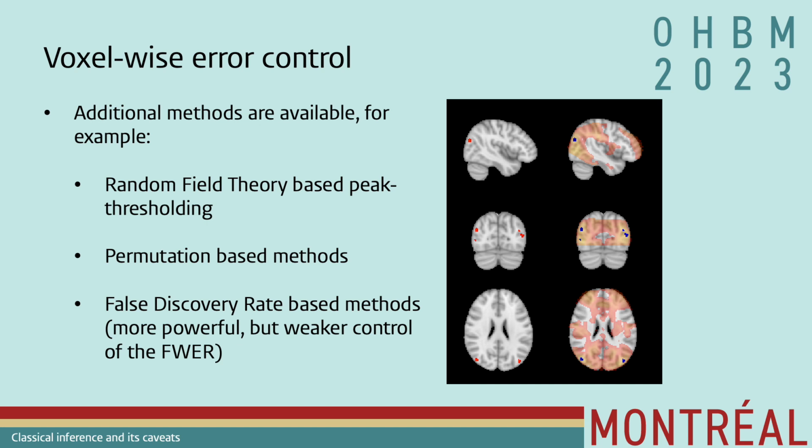But for example, you can use random field theory based peak thresholding, which is slightly more powerful than Bonferroni in certain cases. Or you could use permutation-based methods, which resample the data to decide which voxels are false positives and which are not. Or you can go to false discovery rate based methods.